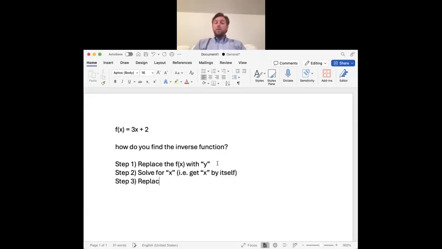Step 3: replace the y with x and x with f inverse of x. How about this? Replace the x with f inverse.